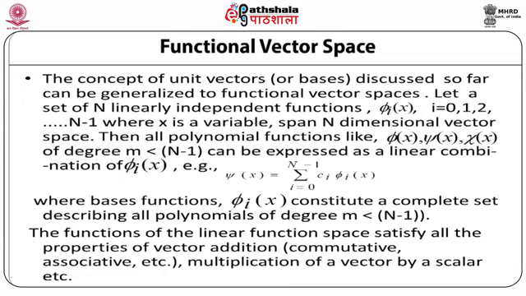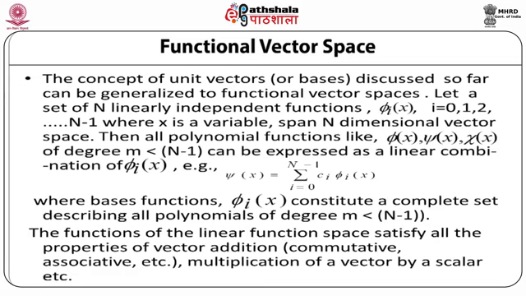They also satisfy the associative property, which means that if we have three functions phi(x), psi(x) and xi(x), then phi(x) plus (psi(x) plus xi(x)) is equal to (phi(x) plus psi(x)) plus xi(x).